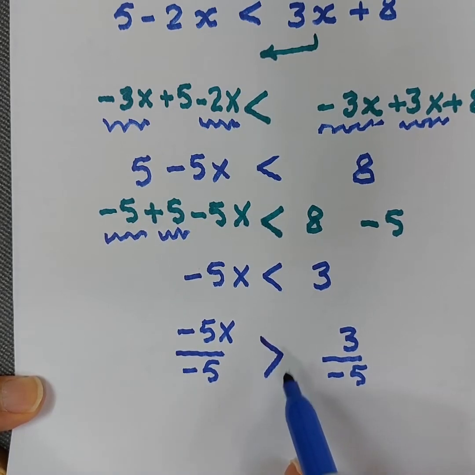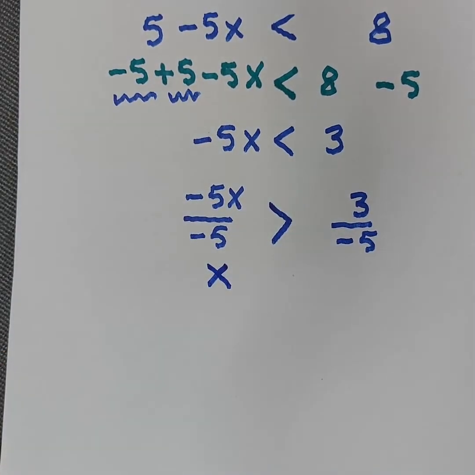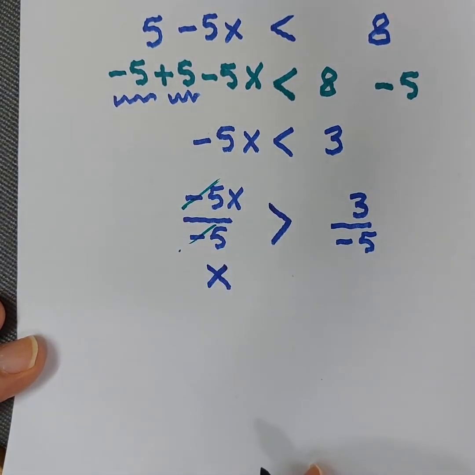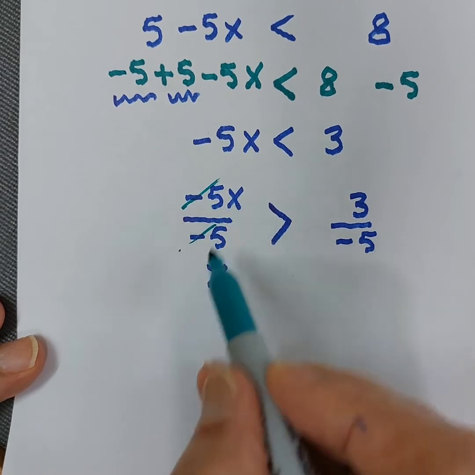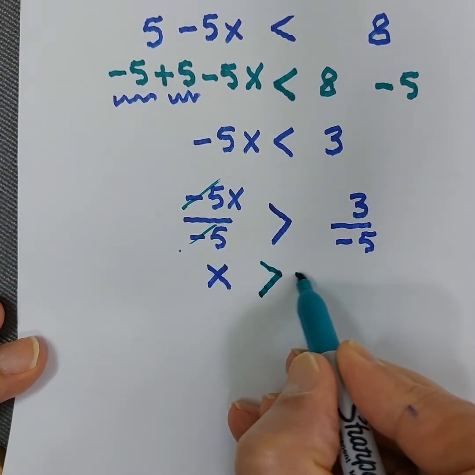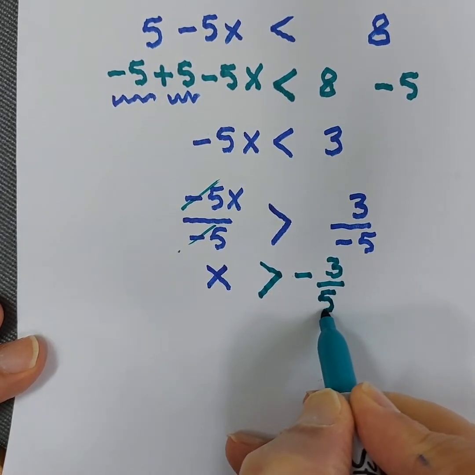So just x, because negative 5 cancels with negative 5. Still x is greater than minus 3 over 5. This is the answer for this inequality.